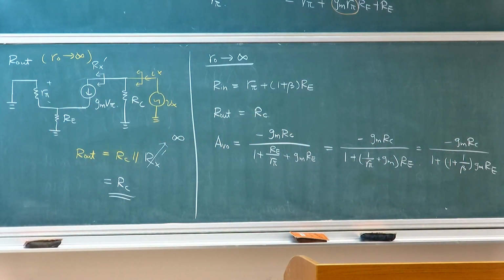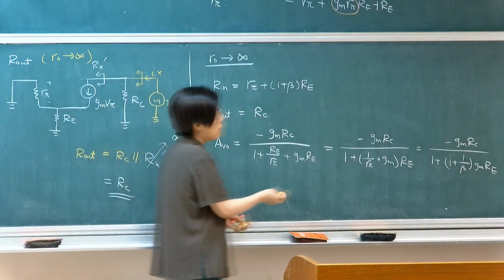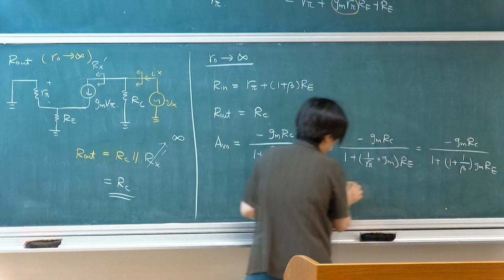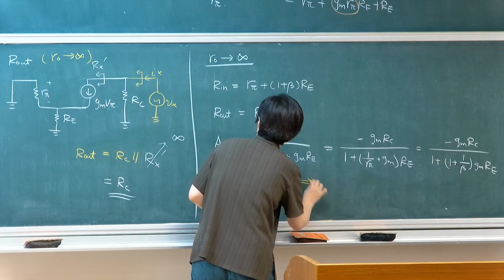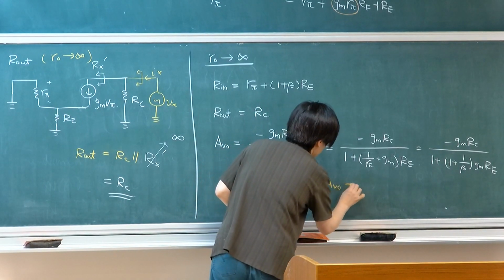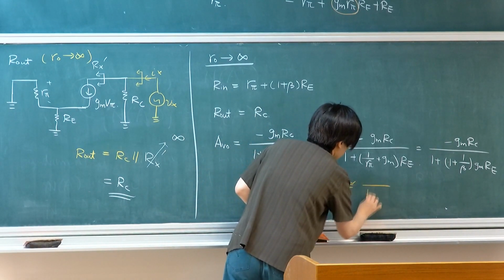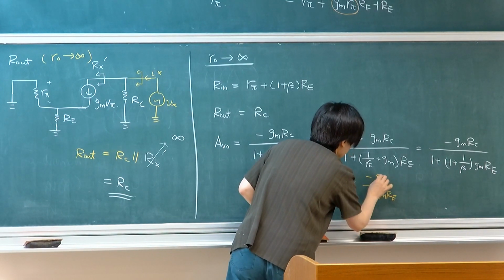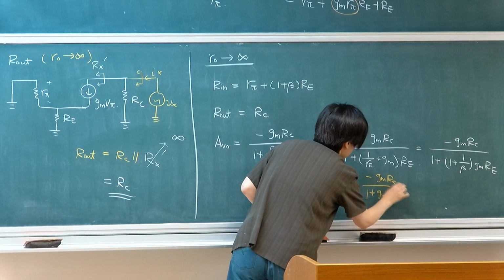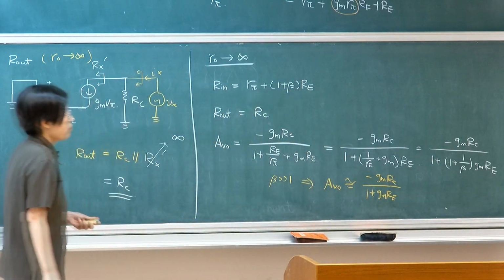Okay? So that is why in most cases, because I know that beta is larger than 1, your AVO would then be approximated by minus GM RC over 1 plus GM RE. Okay?